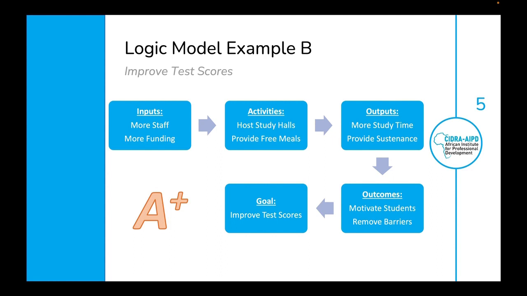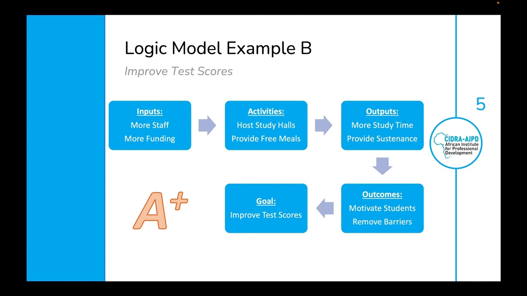That's what they can provide. And then this increased staff and this increased funding can fund or influence these activities to host study halls and provide free meals. If there's study halls and there's free meals, then perhaps there's an incentive for students to study more for these tests, especially in low-income communities where food scarcity might actually be an issue.